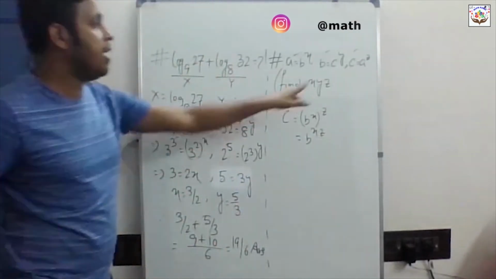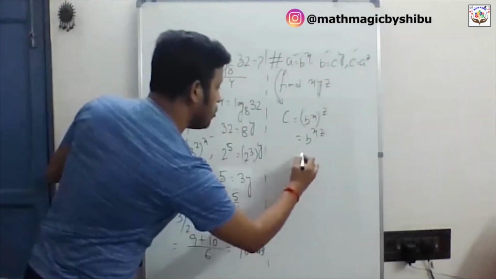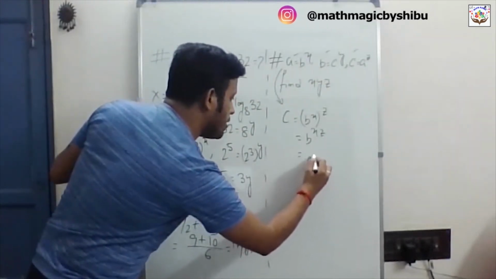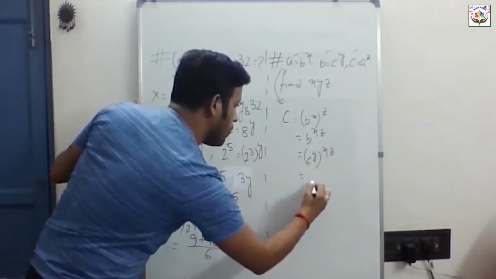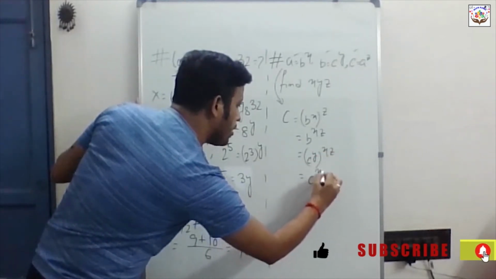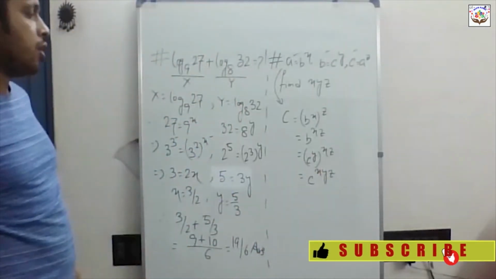And b is itself equals to c to the power y. So if we replace b as c to the power y, it will become c to the power xyz. Okay.